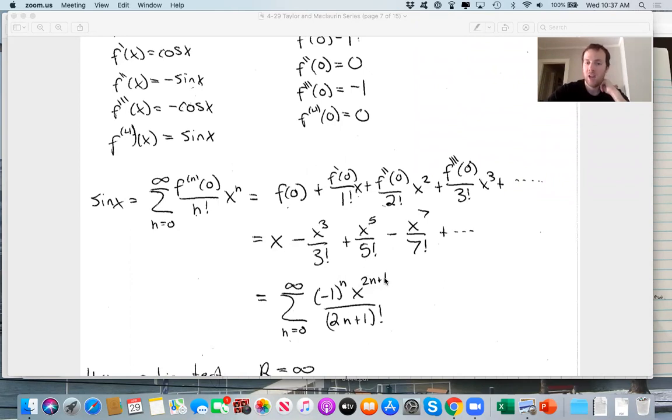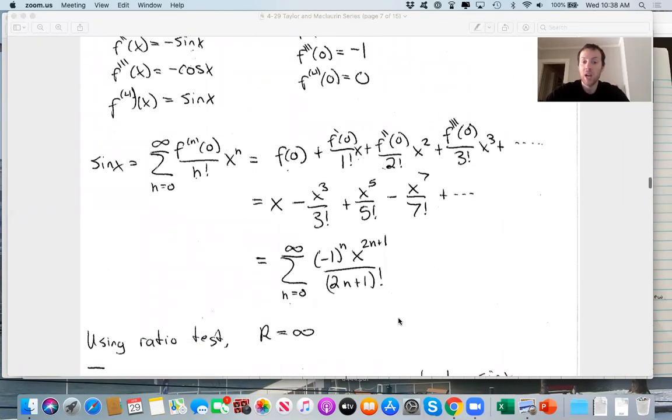And so those are the exponents we have, and those are the factorials that we get on the bottom. So sine of x has this function as its Maclaurin series. And you can check using the ratio test, which most of these use because of the factorial, that this series also has an infinite radius of convergence.